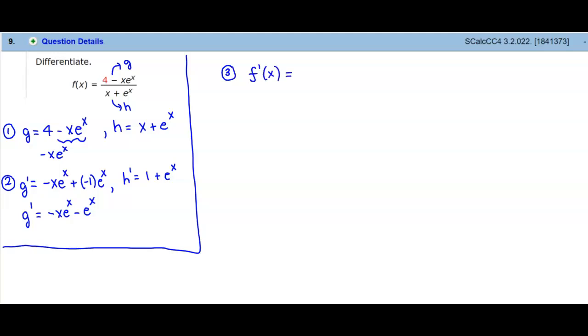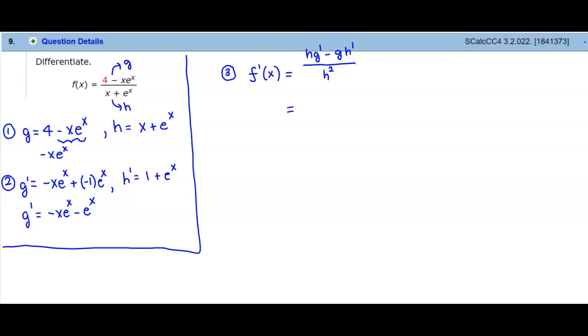Okay, now in step number 3, what we want to do is find the derivative of the function, and that's equal to low d high minus high d low, divided by the low squared.